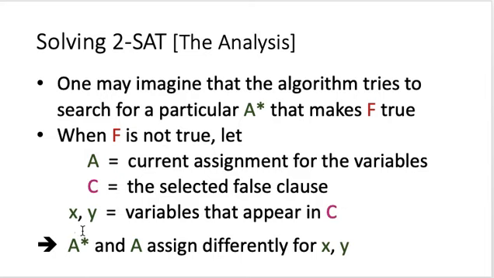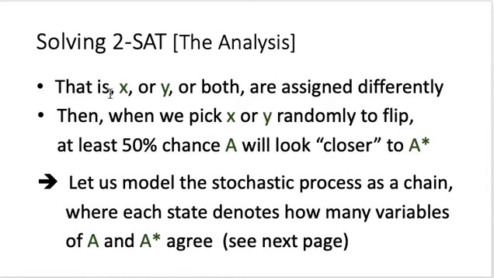And then, as we have mentioned before, this A star and A will assign true or false values differently for X and Y. Sometimes one of them will be different, sometimes both of them will be different. So they are just different if you look at X, Y together. So here, X or Y or both are assigned differently in A and in A star.